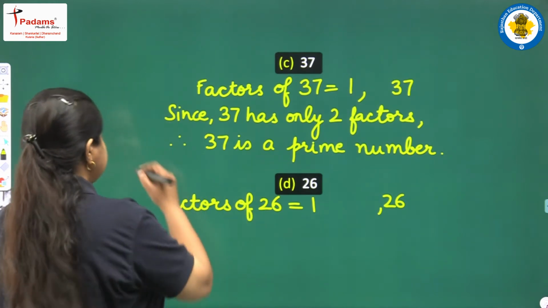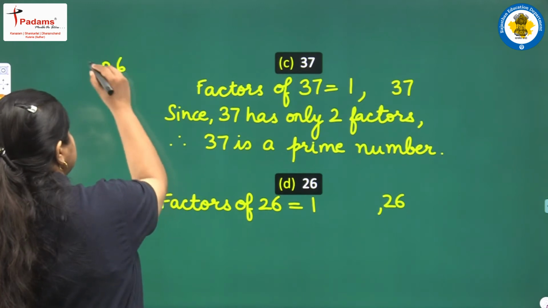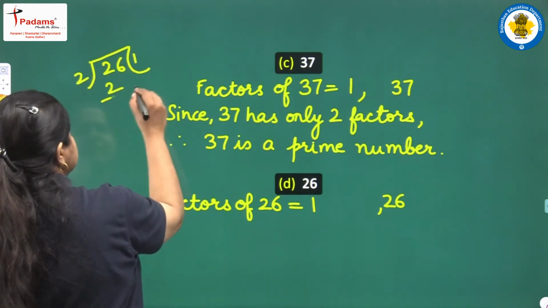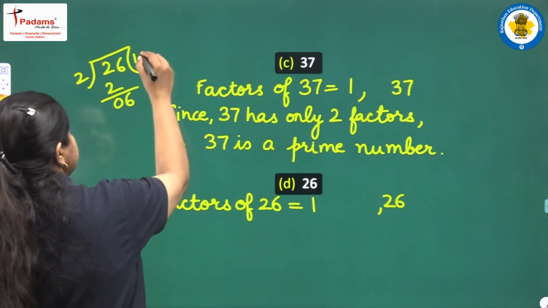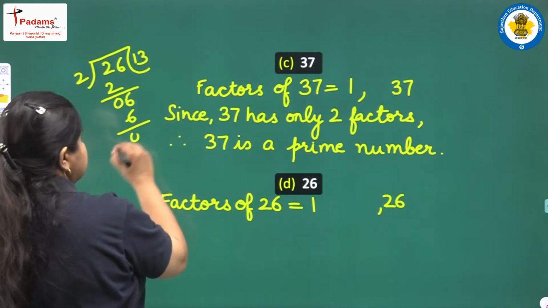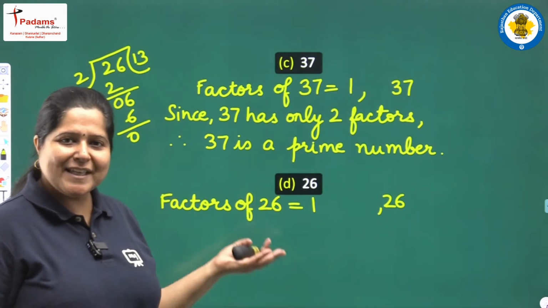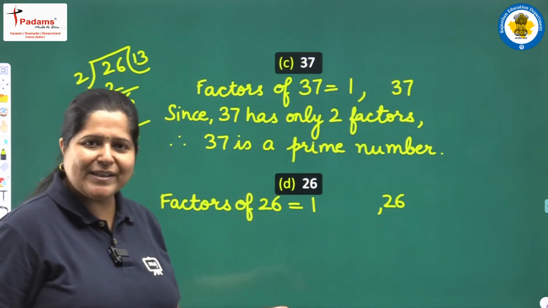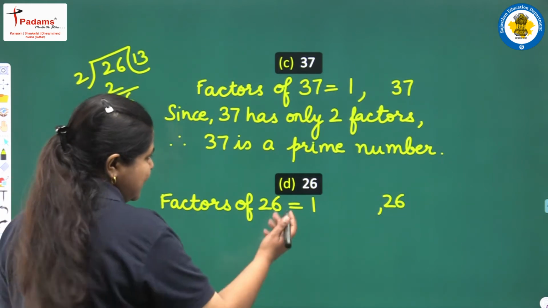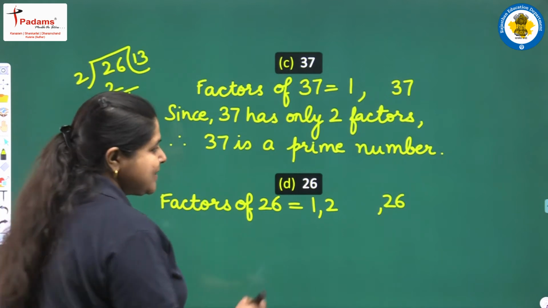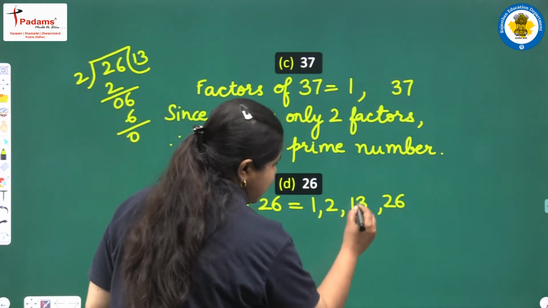So let us divide 26 by 2. What will we get? You should also know the tables, then it becomes very easy. It's 2 13s are 26, and you also know the table of 13. 13 2s is 26. So we have this factor 2 and the other factor is 13.